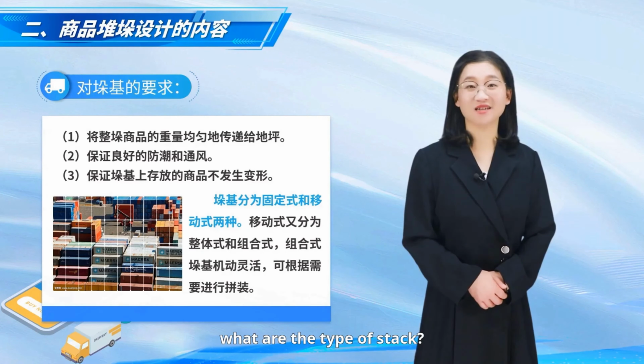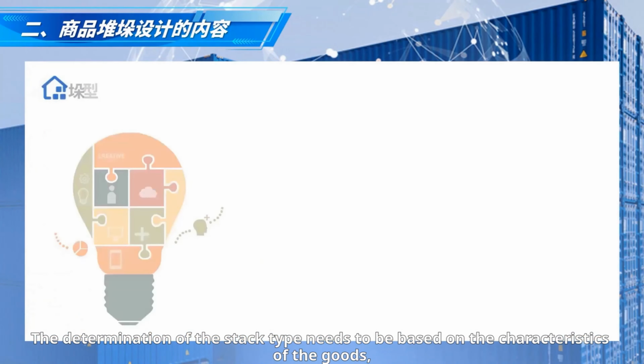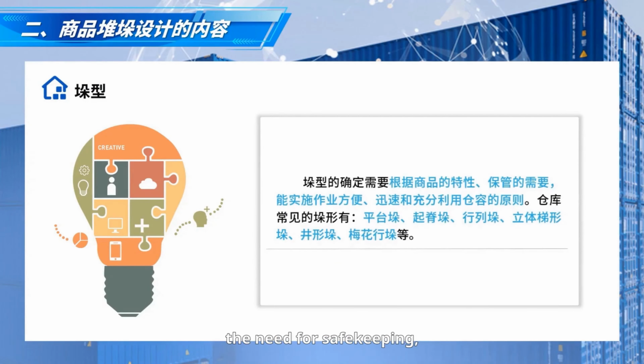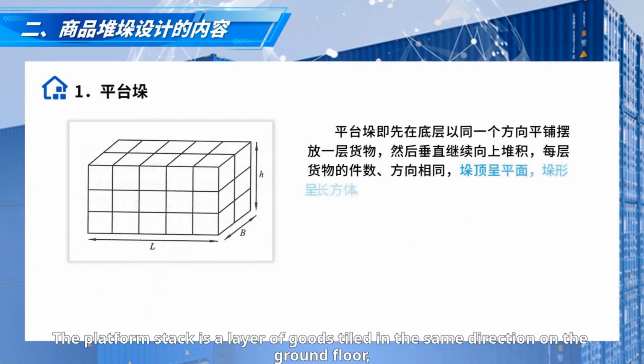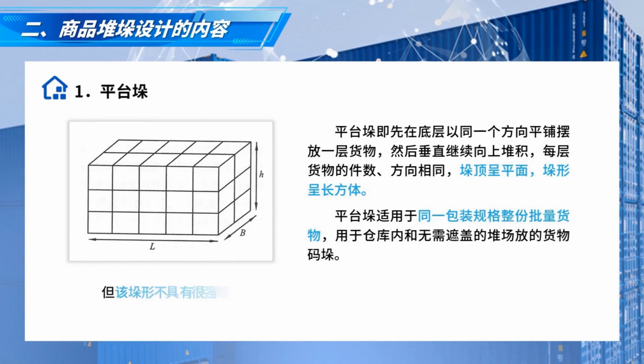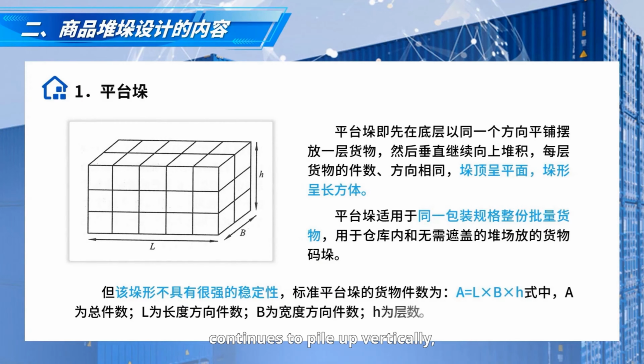What are the types of stack? The determination of the stack type needs to be based on the characteristics of the goods. The need for safekeeping can implement the principle of convenient, rapid and full use of warehouse capacity. The common stack shapes of the warehouse are platform stack, ridge stack, row stack, three-dimensional trapezoidal stack, well-shaped stack, plum-shaped stack, etc. The platform stack is a layer of goods tiled in the same direction on the ground floor, which continues to pile up vertically.